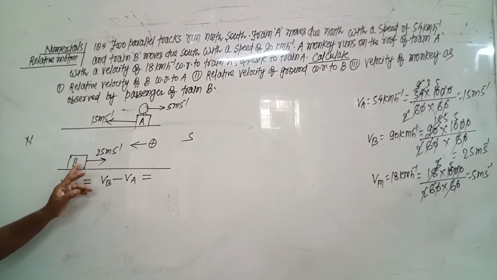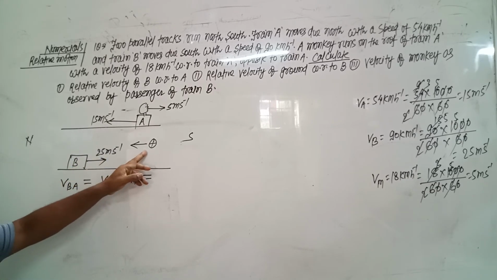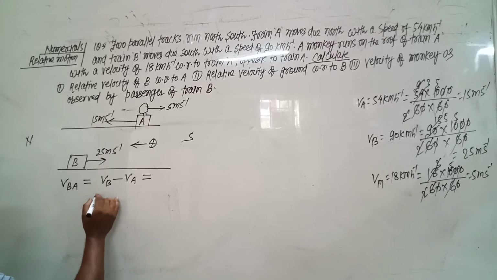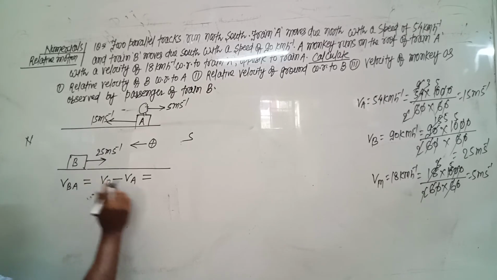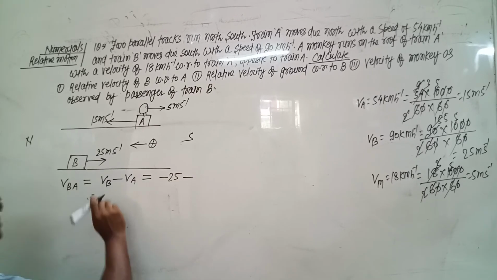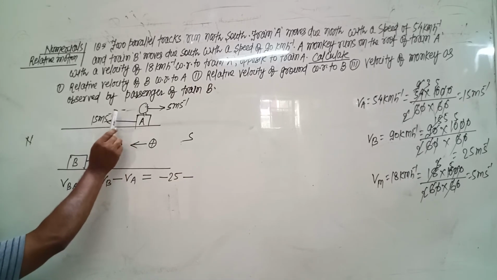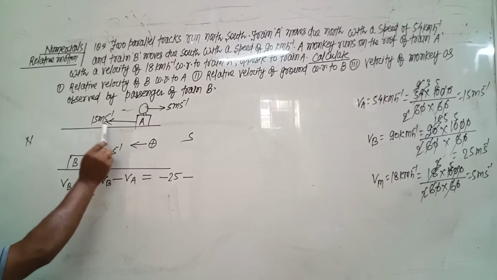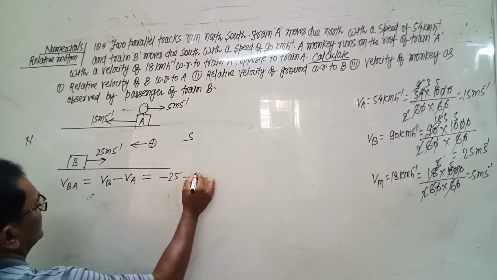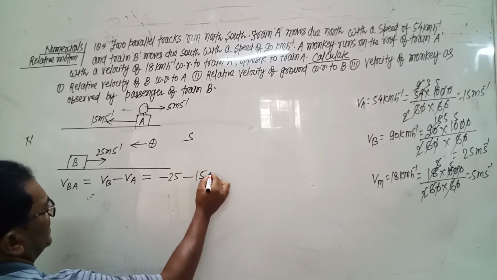The direction of train B and our assumed direction are directly opposite, so the velocity of B is taken negative, minus 25, minus the velocity of train A. The direction of train A and our assumed direction are the same, so it will be taken 15.